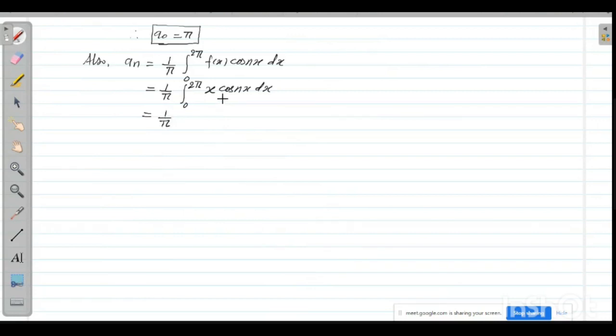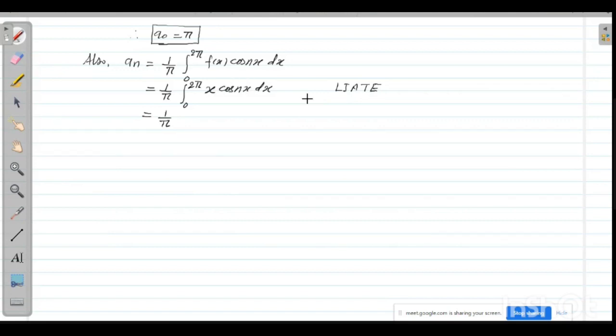Here we will apply generalized integration by parts. Before this we must arrange the given function into LIATE form. L stands for logarithmic, I for inverse, A is algebraic, T is trigonometric, and E is exponential. Now let us observe whether this function is in LIATE form or not.